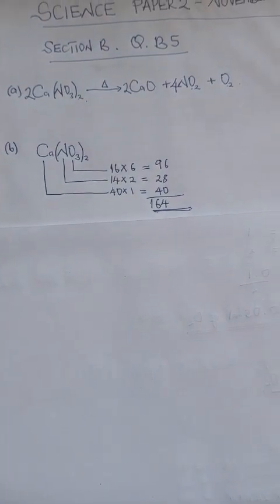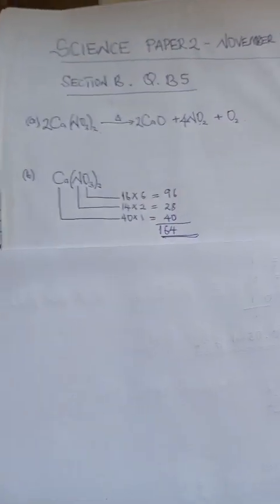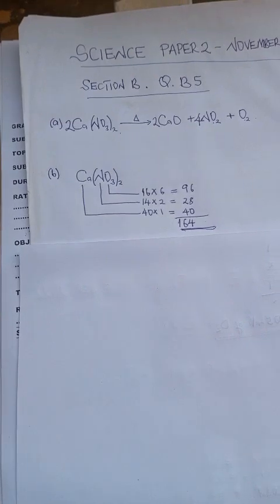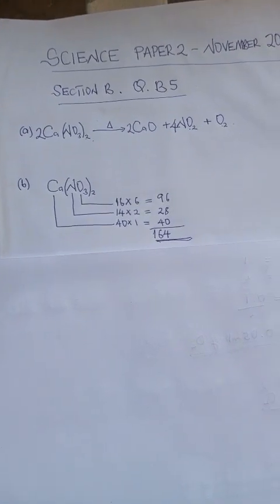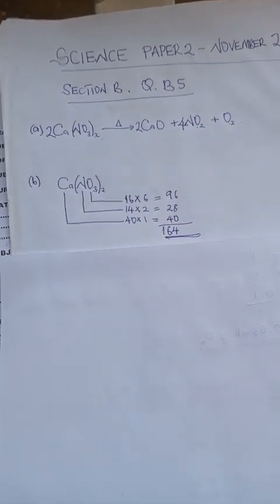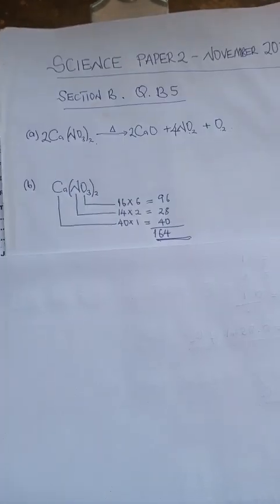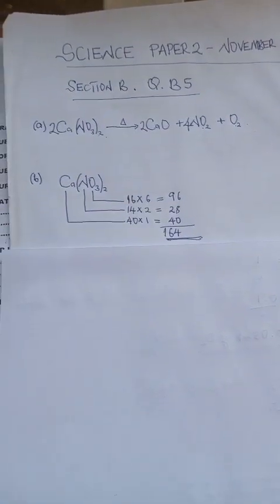The second question says, calculate the relative formula mass of calcium nitrate. Now, guys, let me emphasize that there is a difference between the relative formula mass and the relative molecular mass. The relative molecular mass is the sum of the relative atomic masses of the atoms in that molecule, okay?